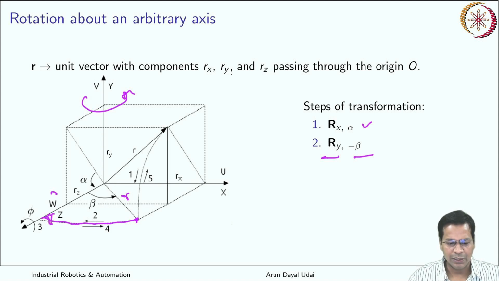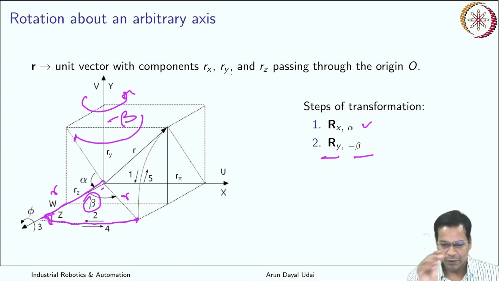So the distance remains r from here to here. It has come, and thus the rotation is by a beta angle of negative value. So you have to rotate by minus beta, that is rotation about the y-axis by an angle minus beta. So this is your y-axis, you have to go like this. Okay, now you are ready to do the rotation.